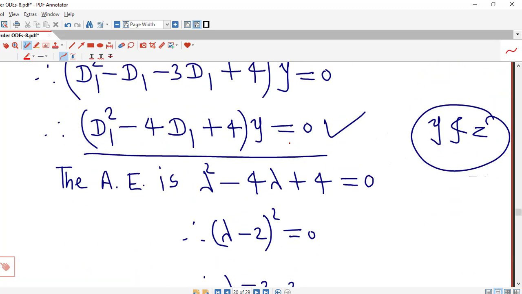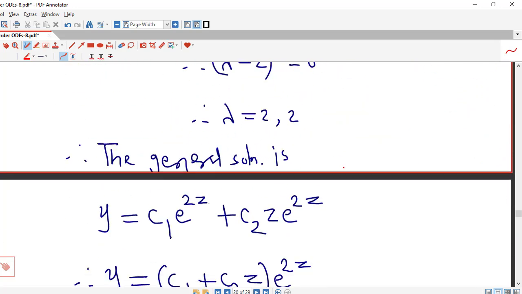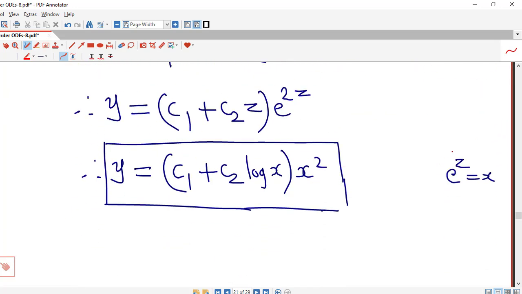We solve it in terms of y and z, and after solving, we again replace e raised to z by x or z by log x.